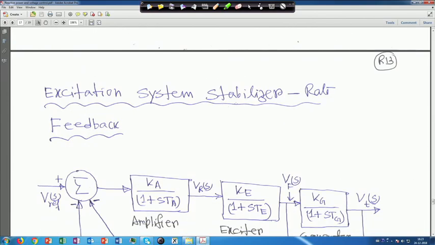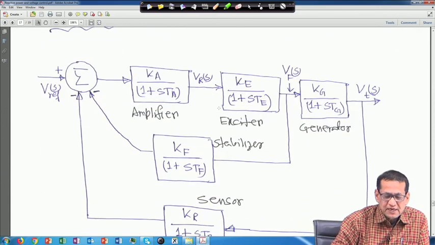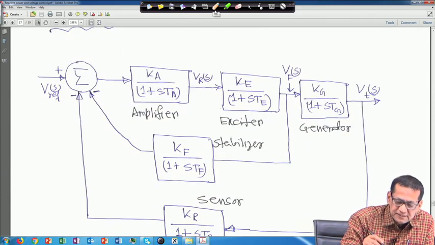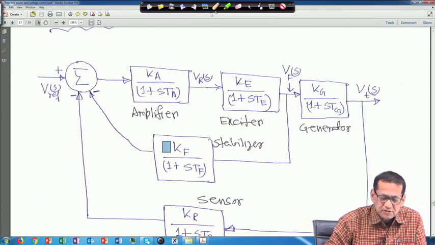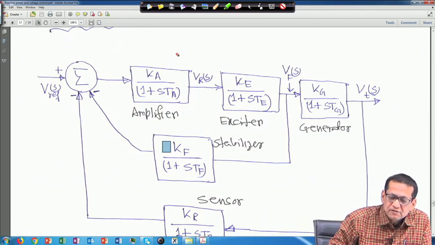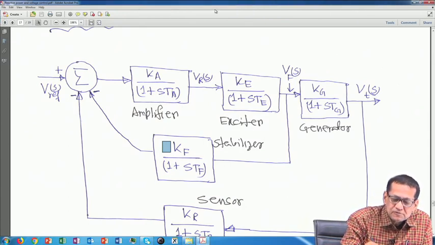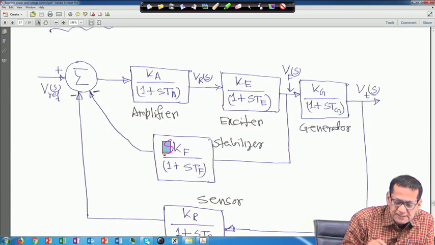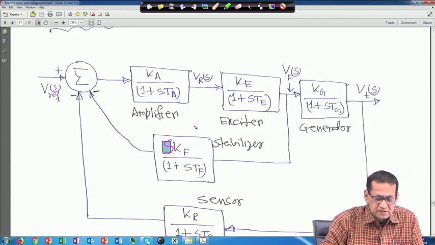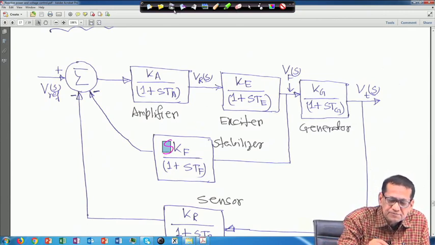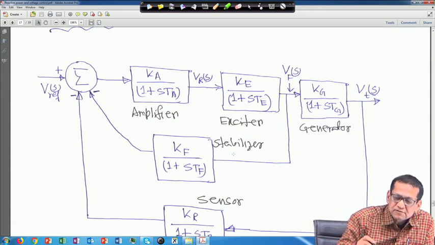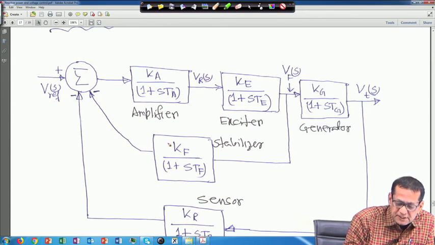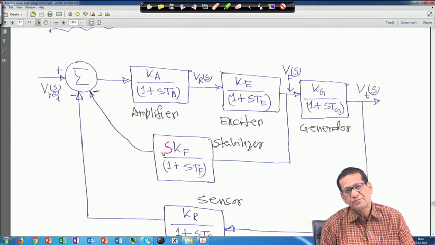Next is the excitation system stabilizer rate feedback. Here one correction you have to make. This is actually SKF, the derivative feedback.